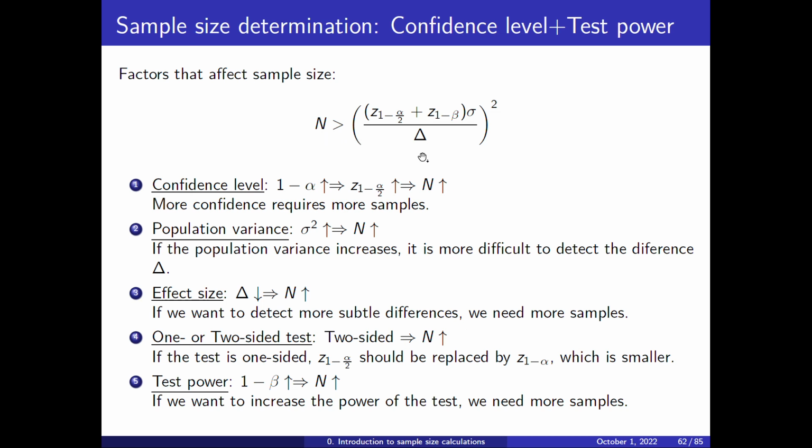If you want to be very precise and detect very small deviations, the effect size will be small and then you will need a larger sample size. If you have very variable observations, then sigma will be larger and then you will need a larger sample size. And if you can add a little bit of prior information so that you are looking only on one side, then the sample size will decrease a bit.